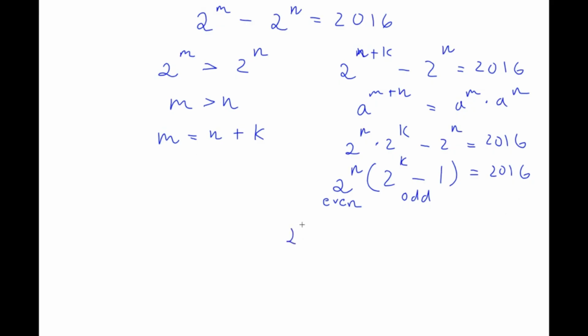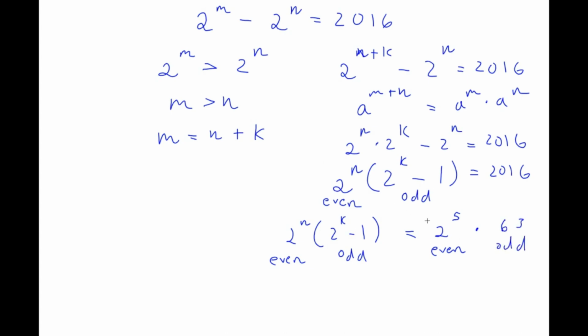So now this will be equal to 2 to the power of n times 2 to the power of k minus 1. Remember, 2 to the power of n is even, 2 to the power of k minus 1 is odd, and this is equal to, now 2016 I'm going to rewrite as 2 to the power of 5, which is even, times 63, which is odd.